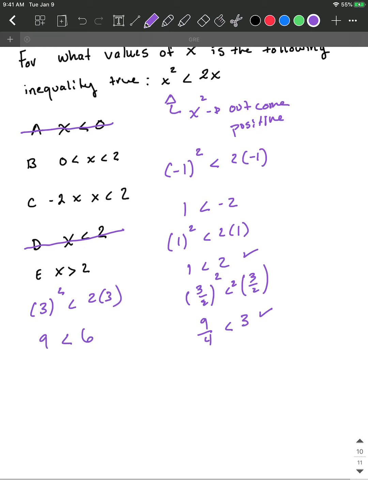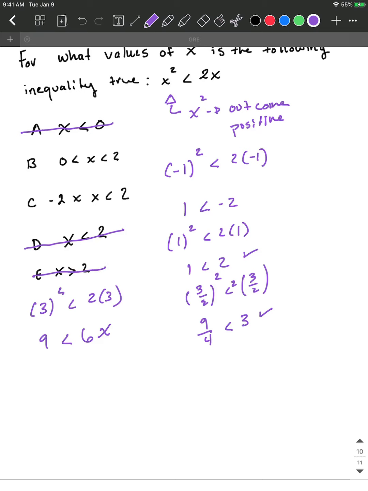Then we found a counterexample that didn't work. So I know that certain values could work, but not all the values would work. That's knowing that when working with quadratics, the outcome has to be positive. That's a big key to it, and that'll help you a lot here. So 9 is not less than 6, so this is not true, and we can automatically eliminate this one.